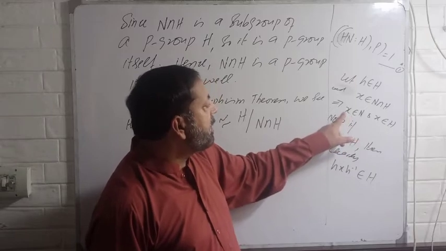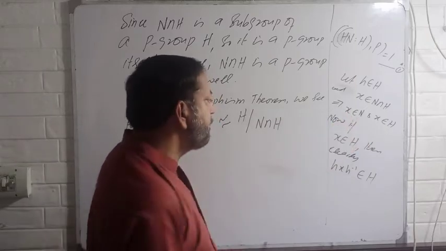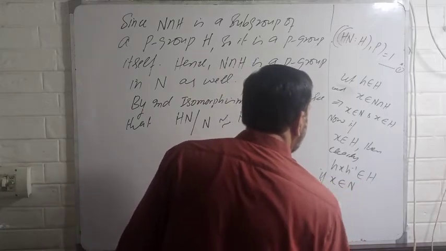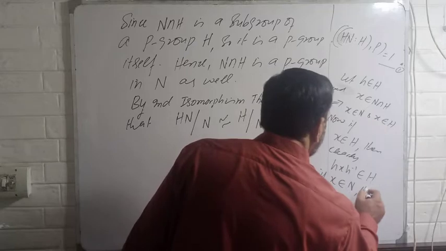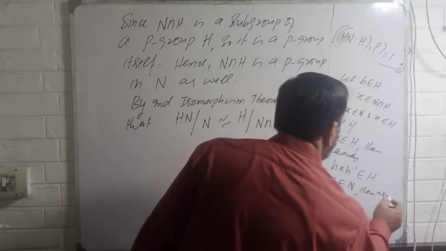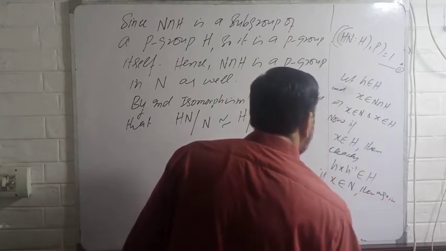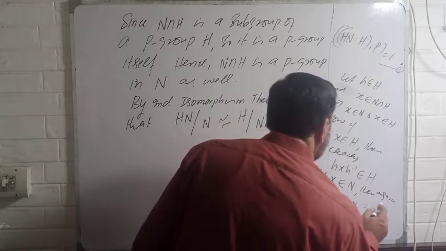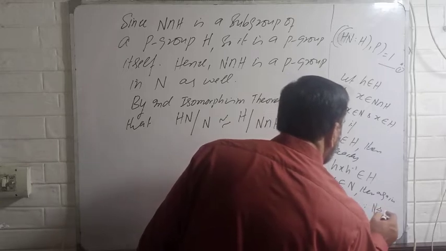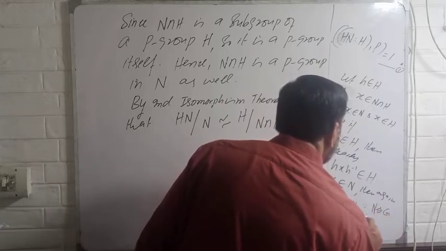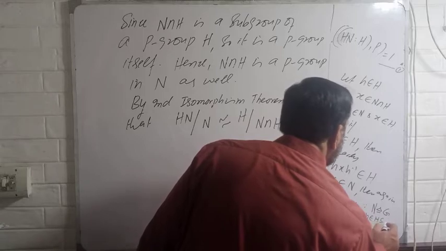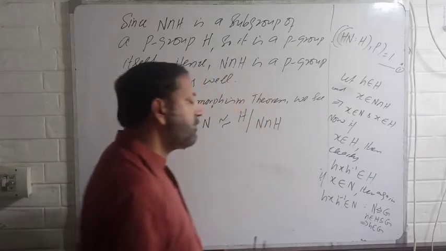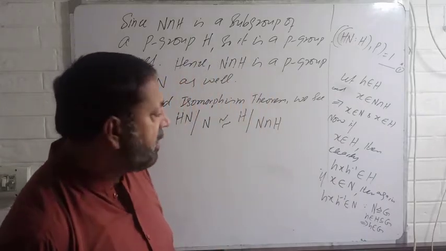Okay, so when you take x an element of capital N, then again h x h inverse belongs to capital N. Since N is normal in G, and h belongs to H, which is a subset of G, this implies h belongs to G as well. Look, this is also very simple.